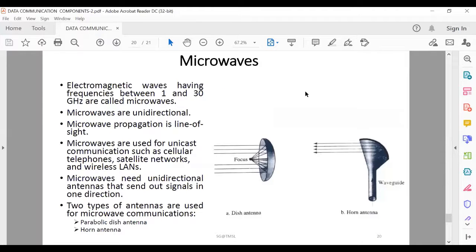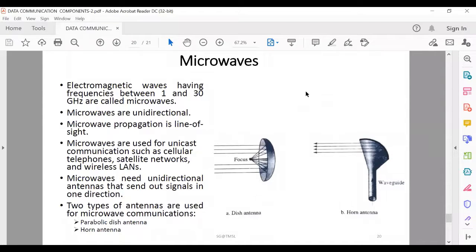Next is the microwaves. Electromagnetic waves having frequencies between 1 and 300 gigahertz are called microwaves. These microwaves are unidirectional. When an antenna transmits microwaves, they can be narrowly focused.